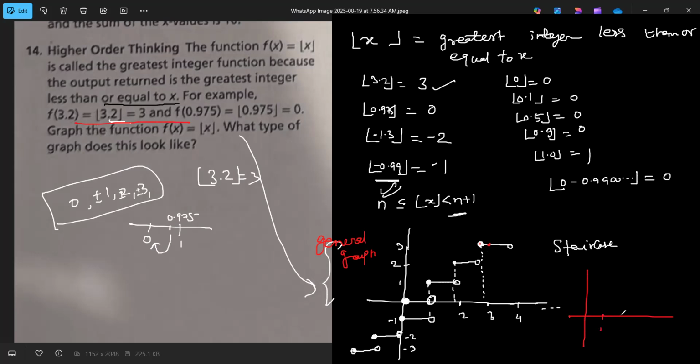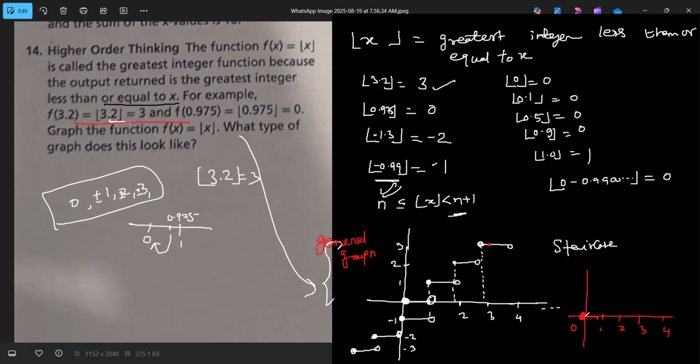This is 1, 2, 3, 4. So for 0.975, 0.975 lies here, right? The value at 0.975 will be 0, so you can see this is 0.